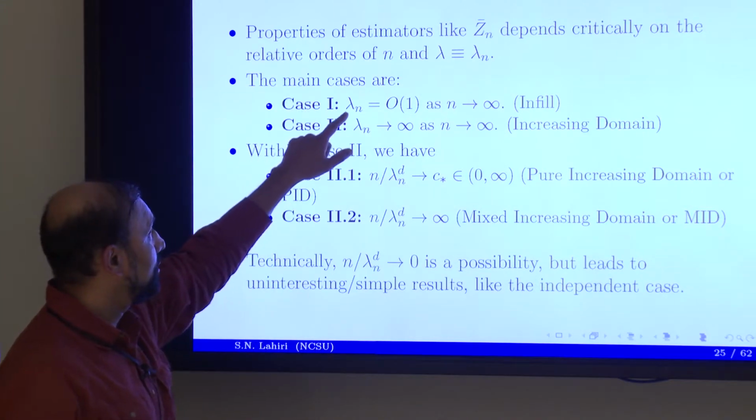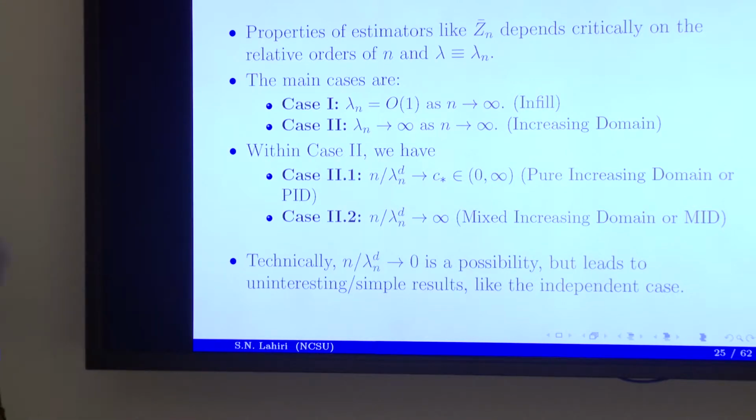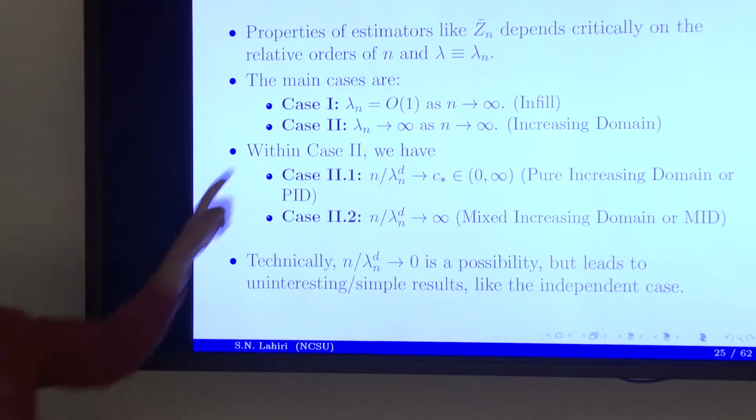So one case is when lambda n is not going to infinity, it is bounded. So you have a time interval 0 to lambda n, or lambda for example, and you are taking observations S1 through Sn, n is going to infinity, which means that the finite interval is getting filled in very, very densely. That is case 1.